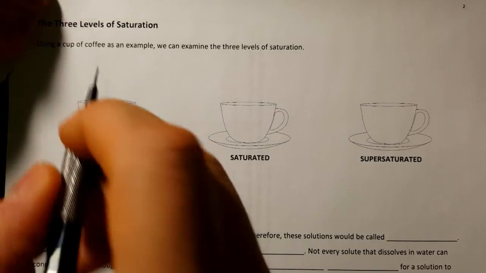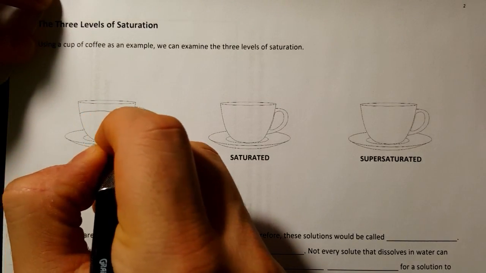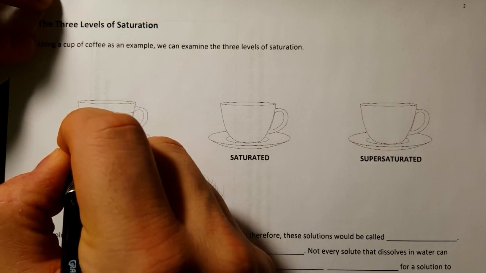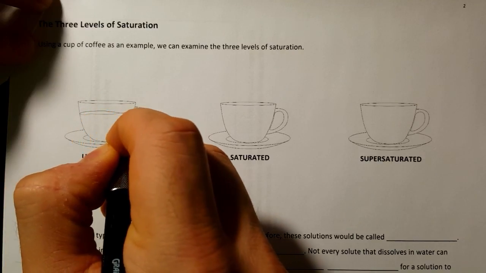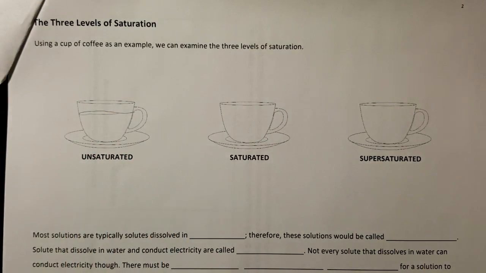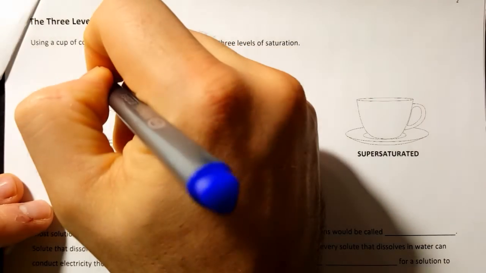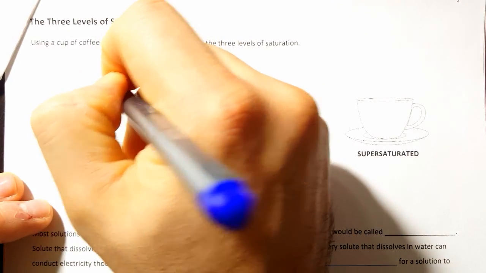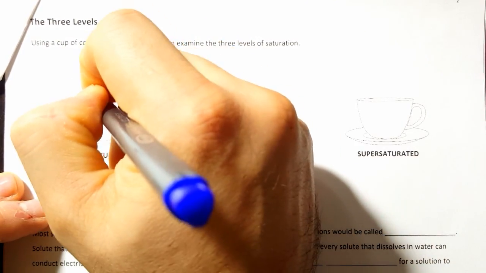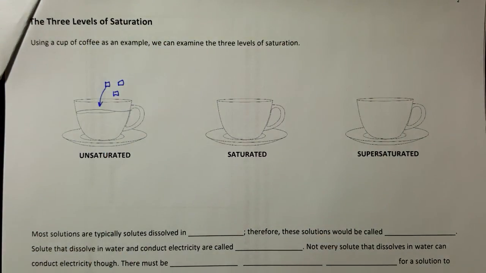So here's my coffee right here. Okay, so we'll assume that it's like this. So in my cup of coffee, I am going to dissolve some sugar cubes. So I put in 1, 2, or 3 sugar cubes. Well, what happens?